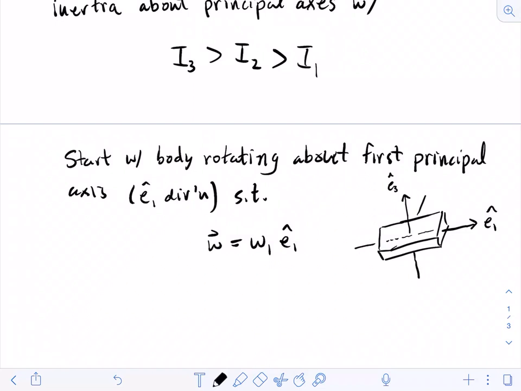And then there's a perpendicular one that comes out through here. And if I wanted to make a right-handed coordinate system, I'll put the E2 hat direction in that direction. Okay, and so we're just going to say, let's take our phone and rotate it so that it's spinning about the E1 hat direction. Okay.